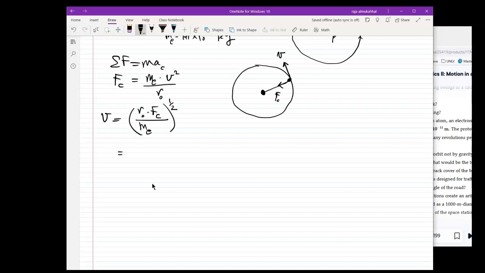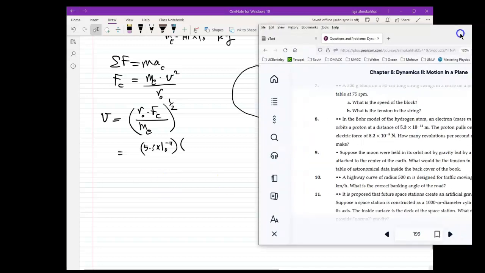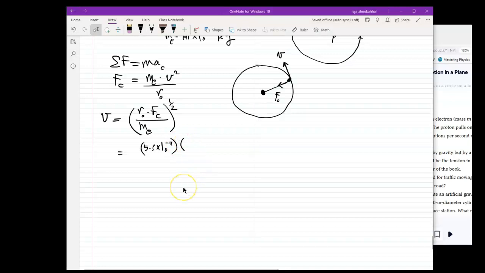So I have here the Bohr radius, 5.3 times 10 to the negative 11, times the centripetal force, right there, 8.2 times 10 to the negative 8, all of that divided by the mass of the electron, 9.11 times 10 to the negative 31 kilograms. And all of that is under the root.